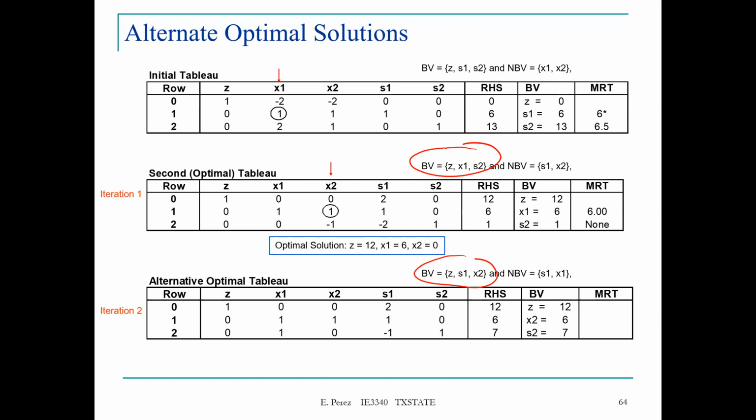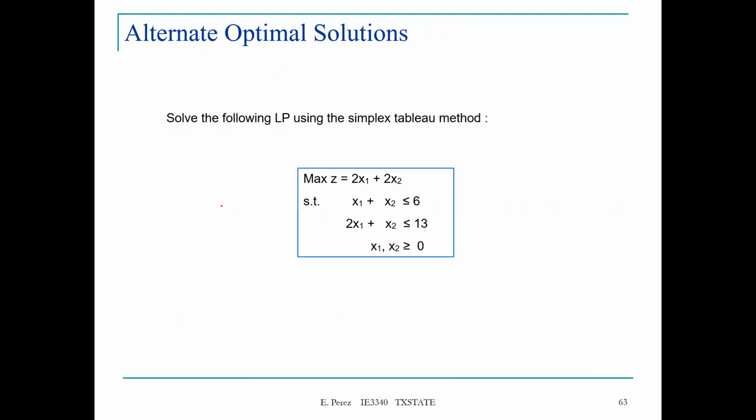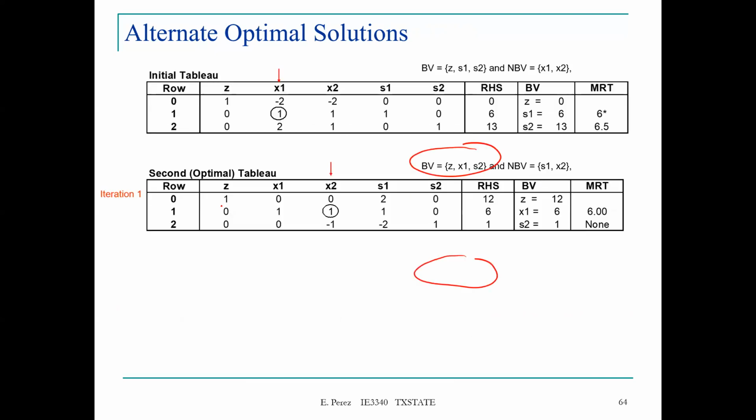And that happens here after iteration 1. In this problem, we are maximizing, right? So after we complete the iteration, we see that there are no negative coefficients here. However, we notice that there's a non-basic variable with a 0 coefficient. That could tell us that there might be multiple optimal solutions for this problem.